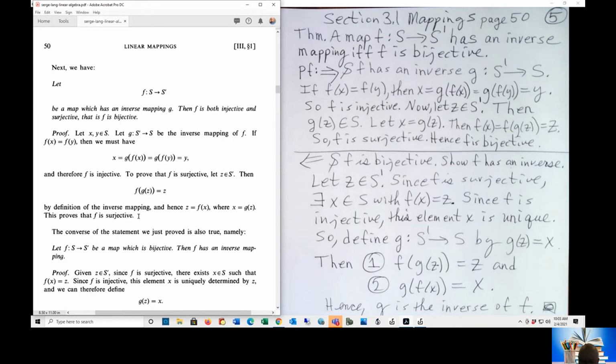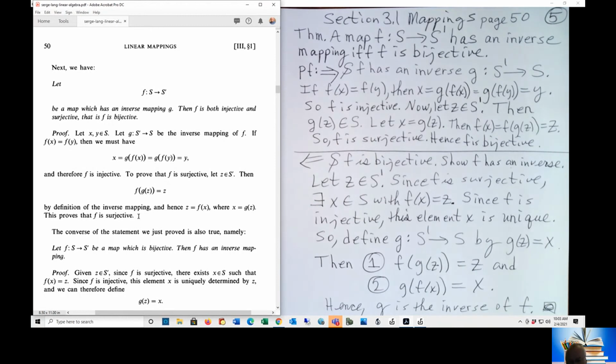And then the converse direction: suppose F is bijective, and you want to show F has an inverse map. So we want to find an inverse map, G, going from S prime to S. The logical place to start would be in the set S prime.